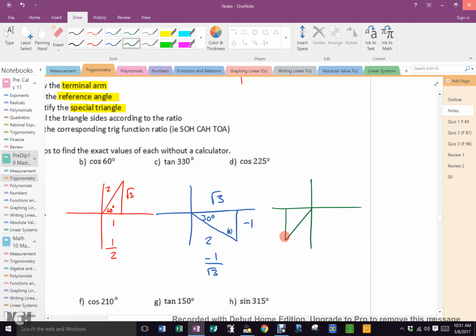What's the reference angle? 45. Yeah. Once you have 45, what do you know? -1, -1, root 2. Can you find the cos of that? What is it? -1 over root 2. Everybody see how to do it?